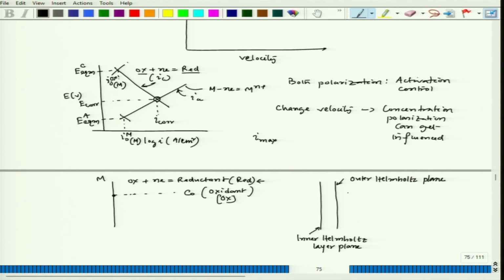So, now what happens if the rate of the reduction process, here we consider a reduction, is slow enough, then it will be decided by the jump of that ion from the metal surface, ox to red.